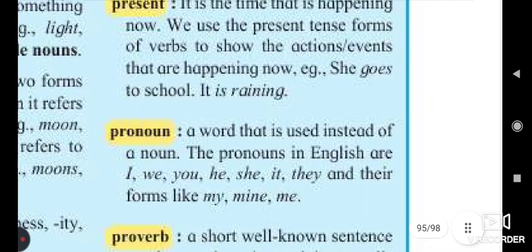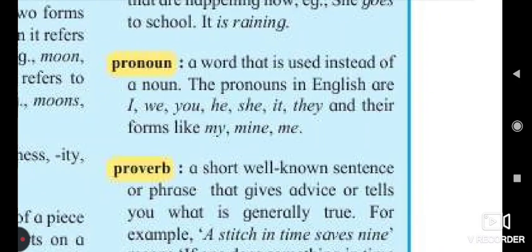And next is pronoun, a word that is used instead of a noun. The pronouns in English are I, we, you, he, she, it, they, and their forms like my, mine, me. Proverb is a short well-known sentence or phrase that gives advice or tells you what is generally true.